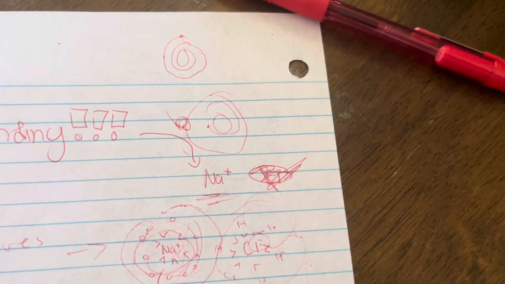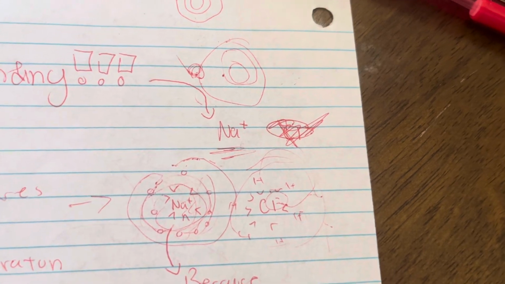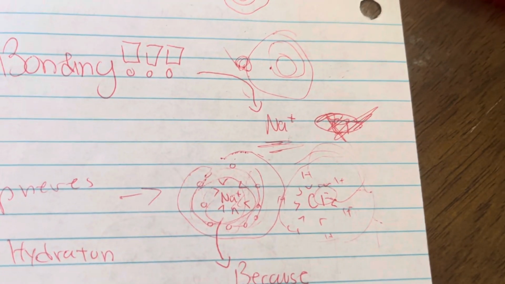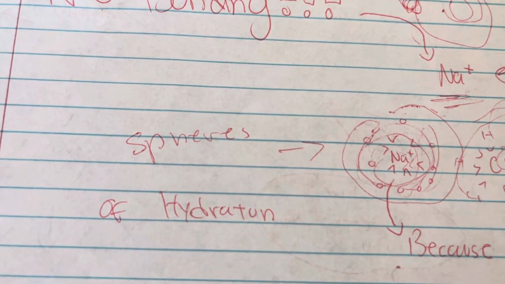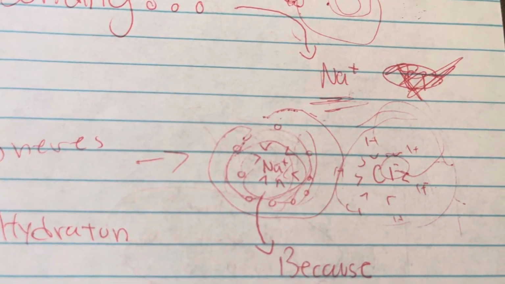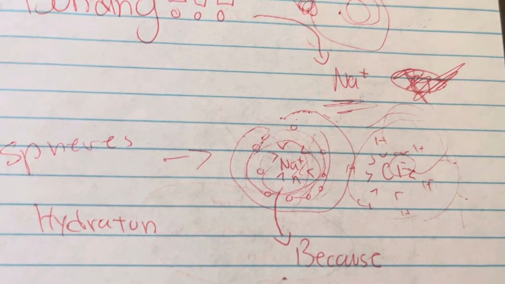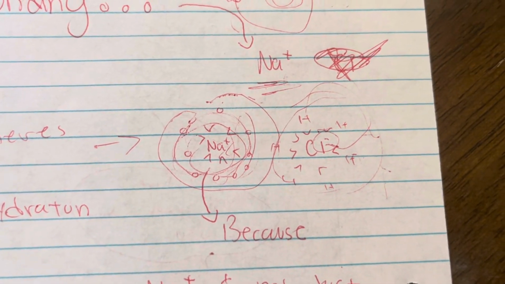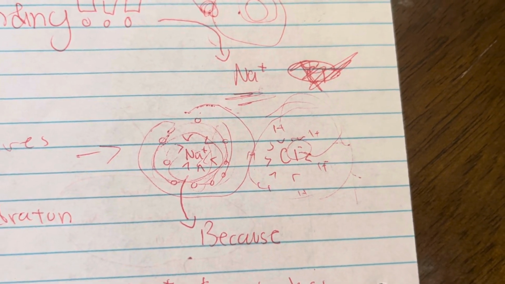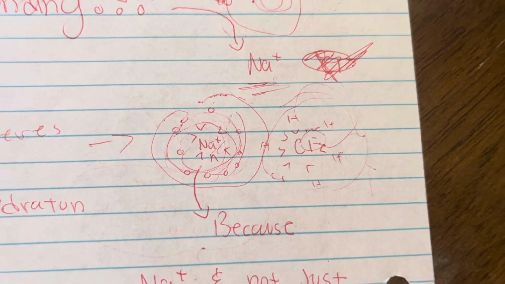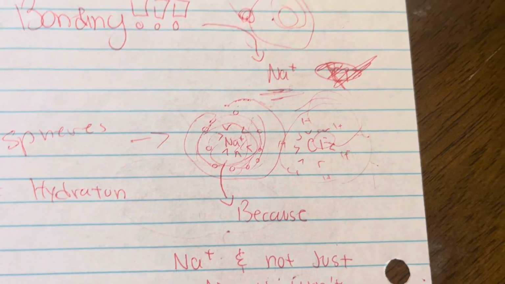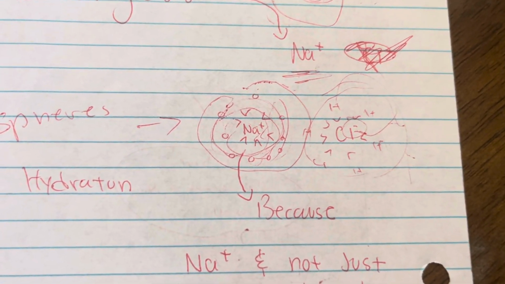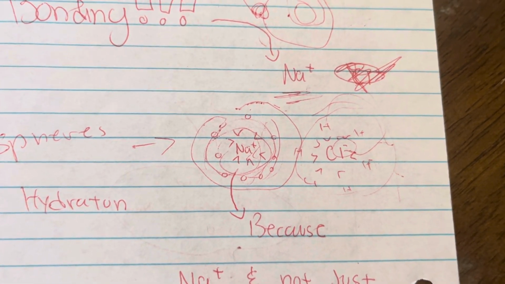So when you dissolve salt into water, the sodium and chlorine ions break apart and get surrounded in these things called spheres of hydration. The sodium, because it's a positive ion, gets surrounded by the partially negative oxygen molecules, and the chlorine or chloride, because it's a negative ion, gets surrounded by the partially positive hydrogens in the H2O polar molecule.